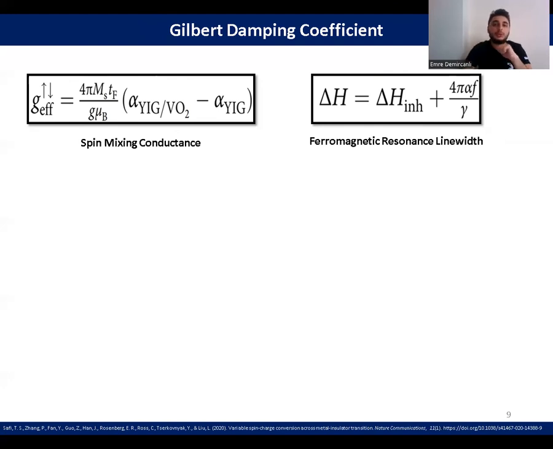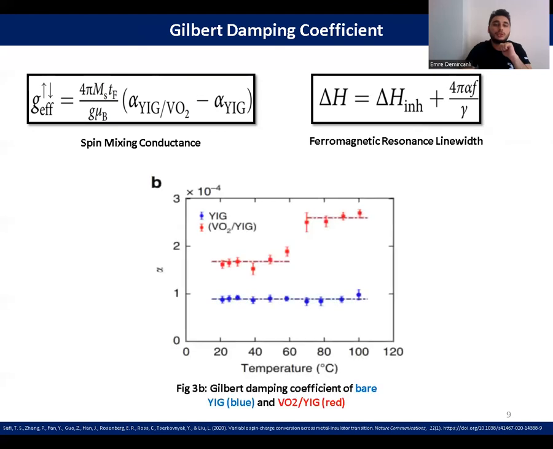Let's take a quick look at figure 3B. Only the observed damping coefficients for the YIG sample and the vanadium dioxide YIG sample are indicated. It was observed that the bare YIG remained largely unchanged over the temperature range, whereas the vanadium dioxide YIG sample showed a spike in the damping coefficient when the temperature rose to about 60 degrees Celsius.